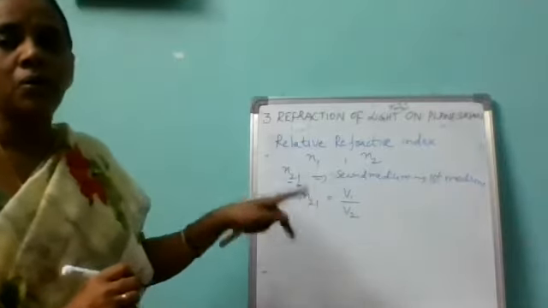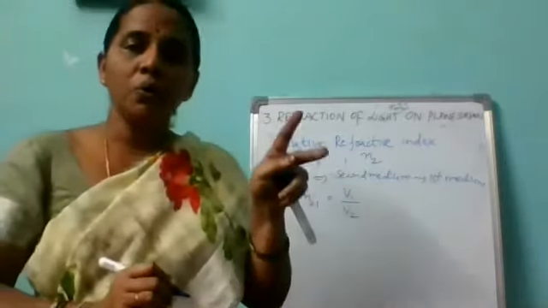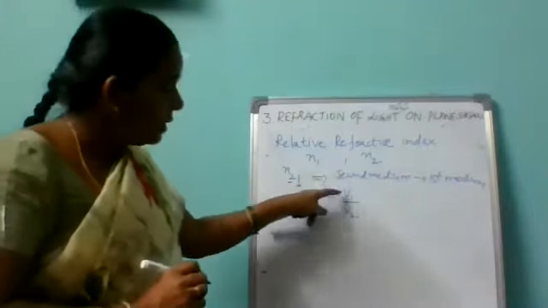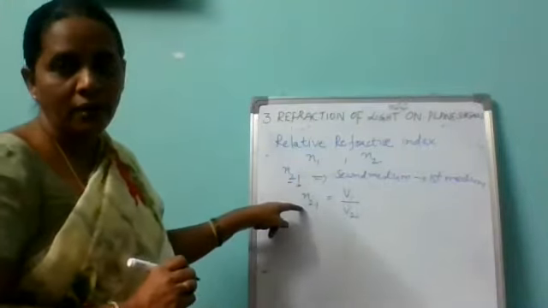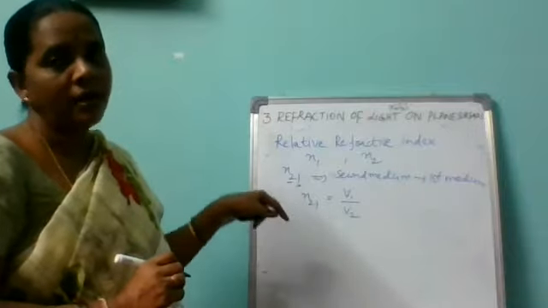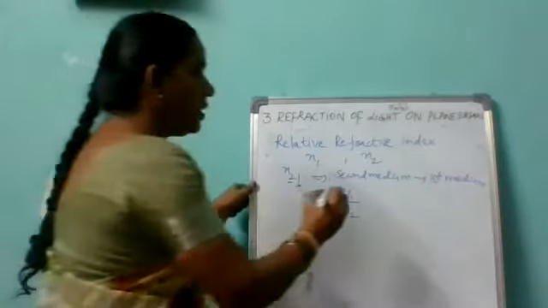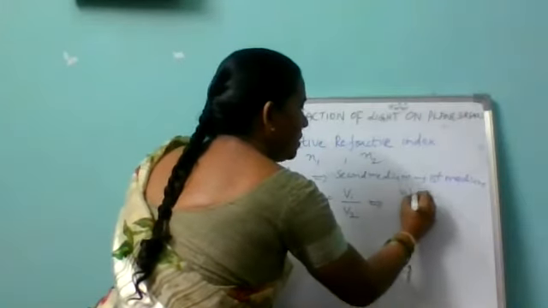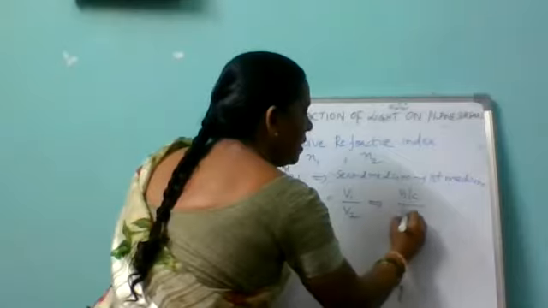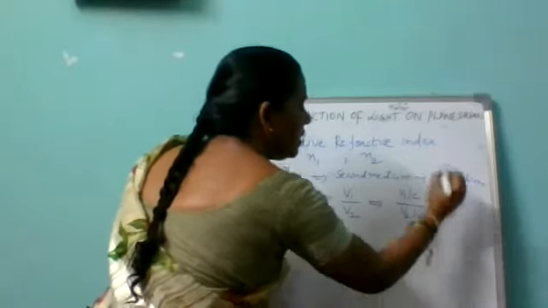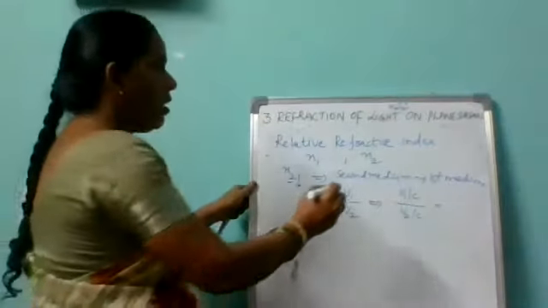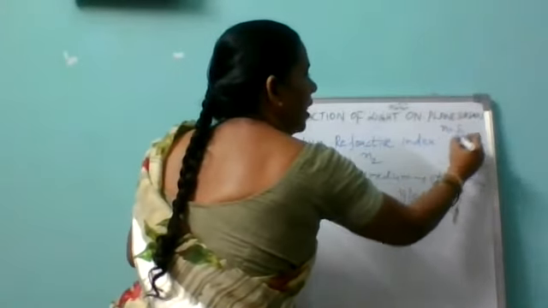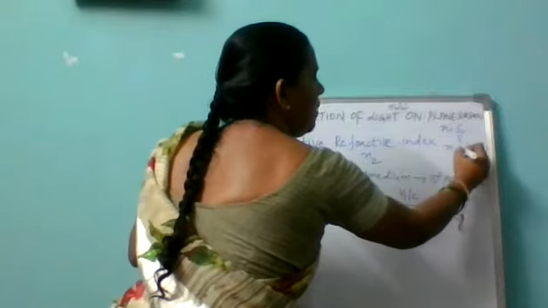అంటే మనకు టూ మీడియాస్ యొక్క రిఫ్రాక్టివ్ ఇండెక్సెస్ ఇచ్చినా ఇవ్వకపోయినా వాటి యొక్క స్పీడ్స్ తెలిసిన, రిలేటివ్ రిఫ్రాక్టివ్ ఇండెక్స్ N21 is going to be calculated like this. Next, దీన్ని కొద్దిగా సింప్లిఫై చేస్తున్నామంటే, divide this whole equation with C: V1 by C divided by V2 by C, which is equal to, according to the formula N is equal to C by V, can I write N1 is equal to C by V1?